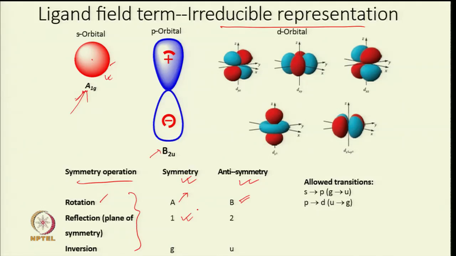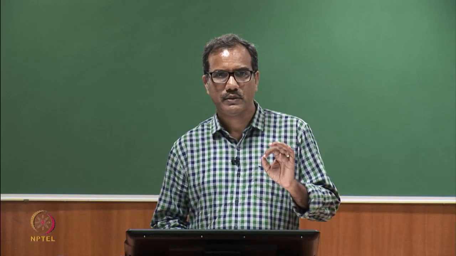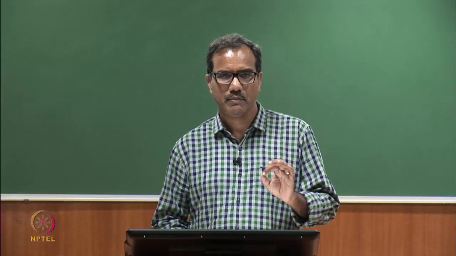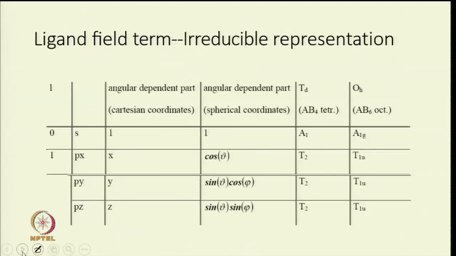So, if your orbital is symmetric with respect to reflection, that will be given the name 1, and if it is antisymmetric, then it will be given the name 2. And already I have discussed gerade and ungerade, so I am not going to discuss that. These terms are given based on the symmetry operation. So, s orbital has the representation A1g, whereas p orbital has representation B2u.